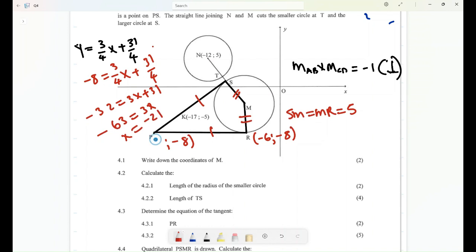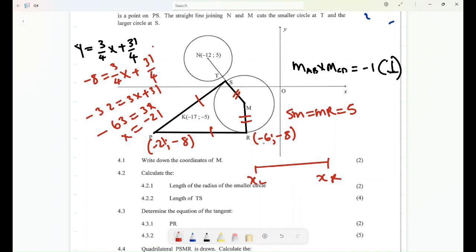So now that I know P is at -21, I can get the length of PR. But remember, if it is a straight horizontal line like this, the y does not change. It means the distance is x right minus x left.